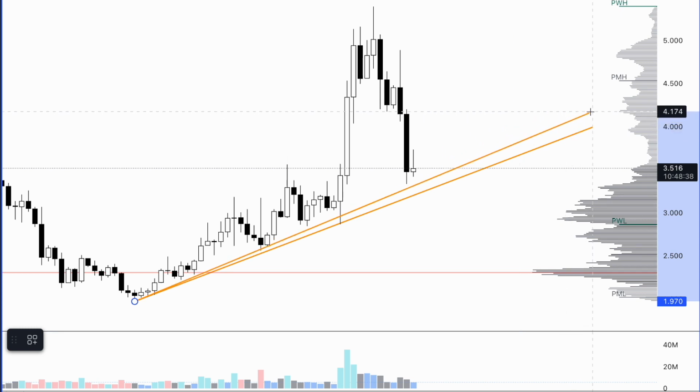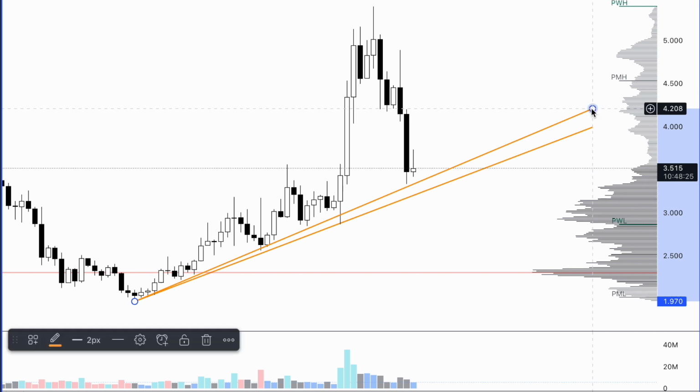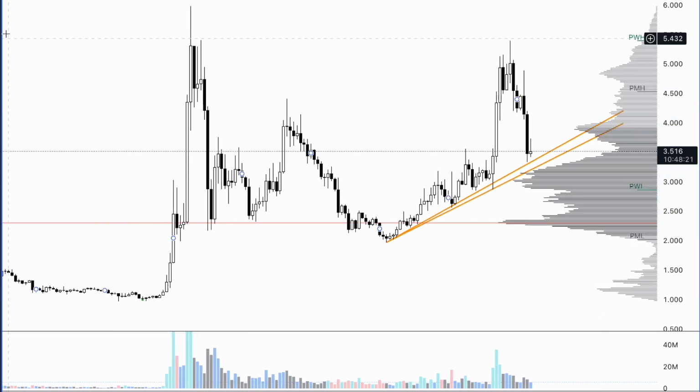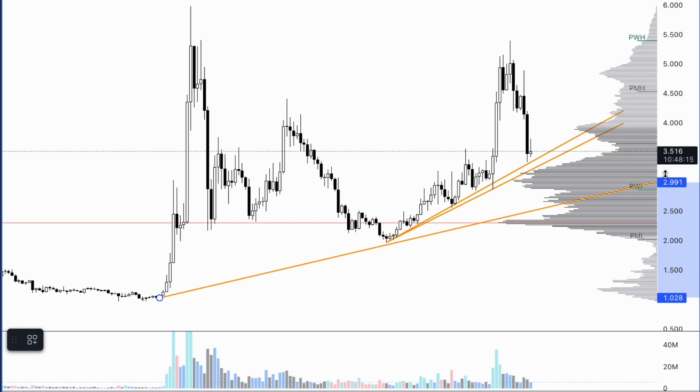Some people say you do the wicks, some people only do the bodies. Honestly, I don't think you really have to do anything specific. I look at a chart and I say, okay, what makes the most amount of sense here, right?